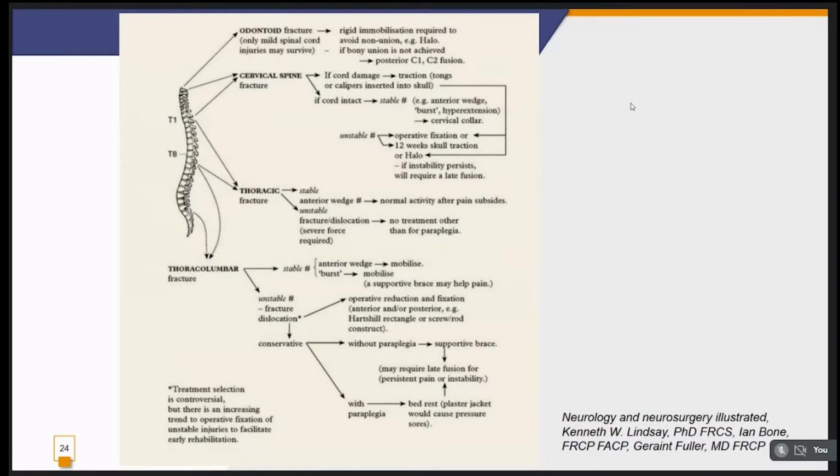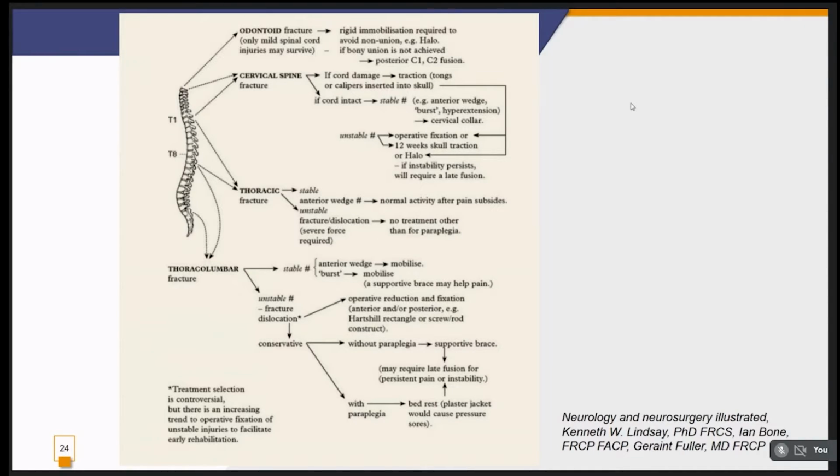So when facing a patient with spinal trauma in the emergency department, you need to consider whether the fracture is stable or unstable.